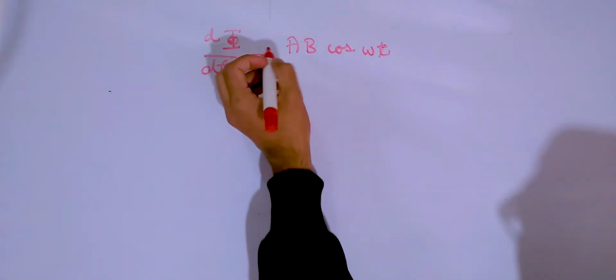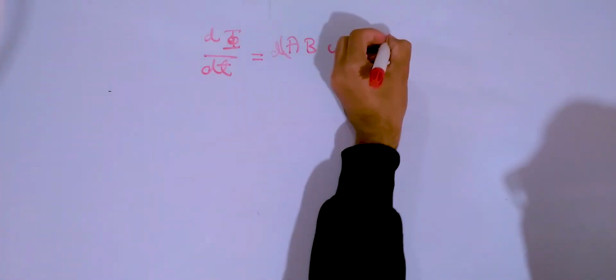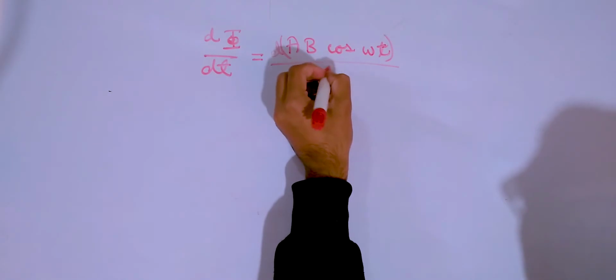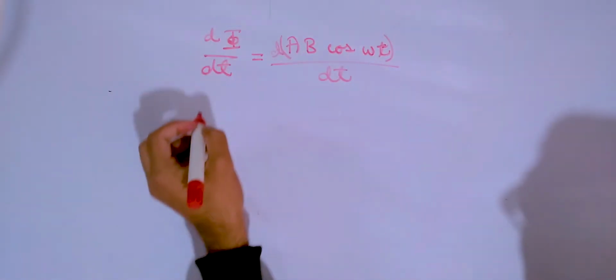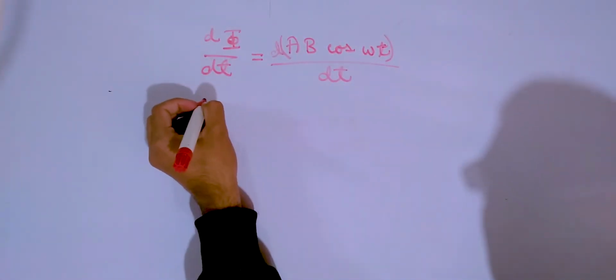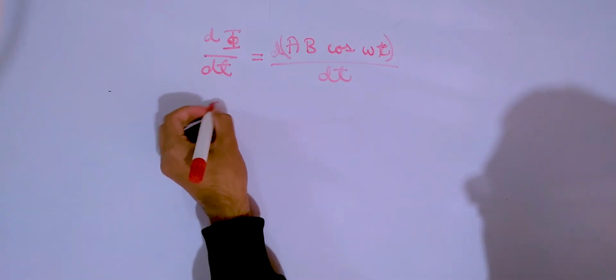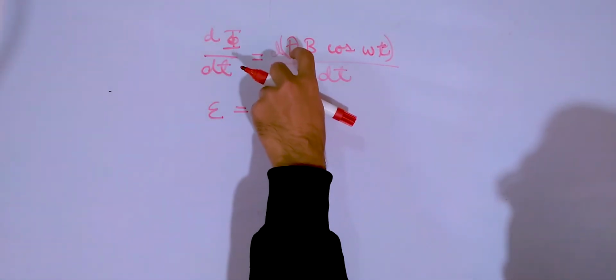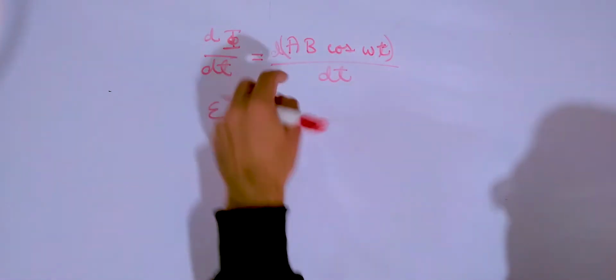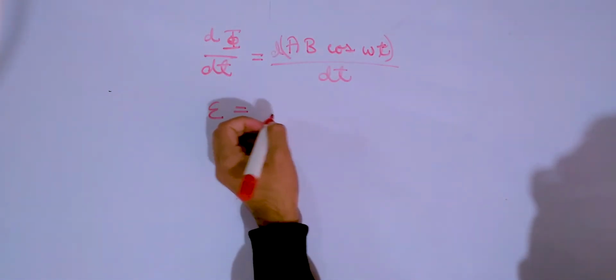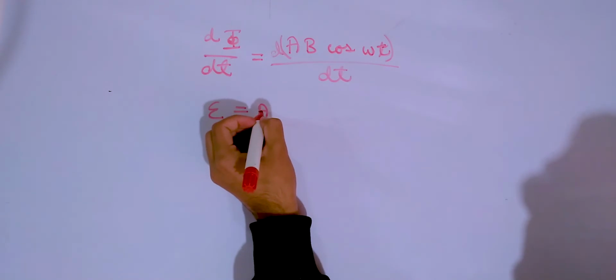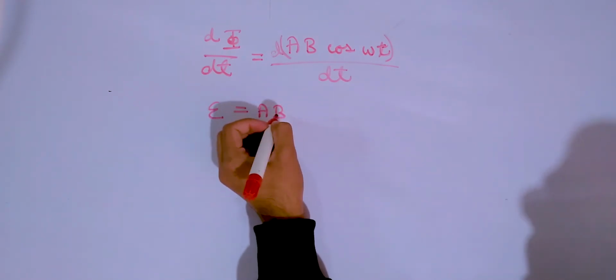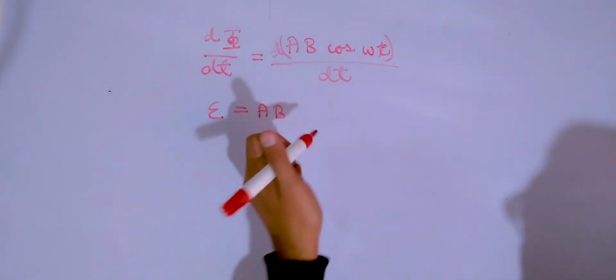And obviously I need to write it as d of the whole thing by dt, so it's a derivative of this whole thing. If I just differentiate it, d phi by dt is the EMF, the rate of change of flux is the EMF. I can simply shift the A and the B outside of the derivative, because the area does not change and the magnetic field does not change, they are constants, so I can pull them out.